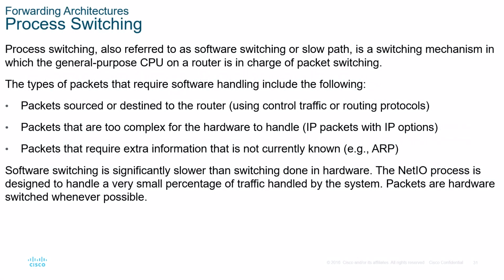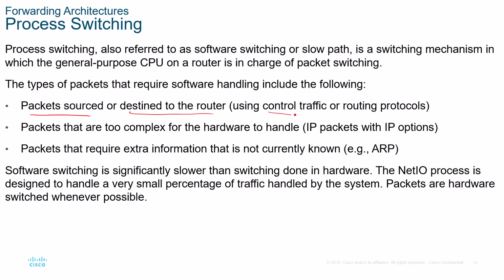So the process switching, also referred to as the software switching, it's the slow path, is a switching mechanism which is general purpose CPU. It's what the normal router has, and it's in charge of the packet switching. The types of packets that require software handling include packets sourced or destined to the router.